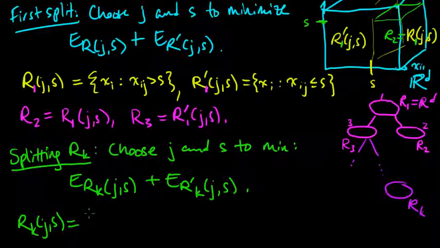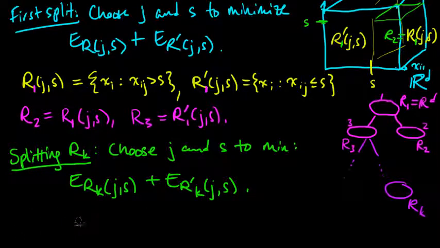Let me just modify our previous definition. We can just generalize this to R_K, and this time it's only going to be the points in R_K. So this does indeed generalize the previous definition, because when it was R1, we were considering all the points x_i in our data set.